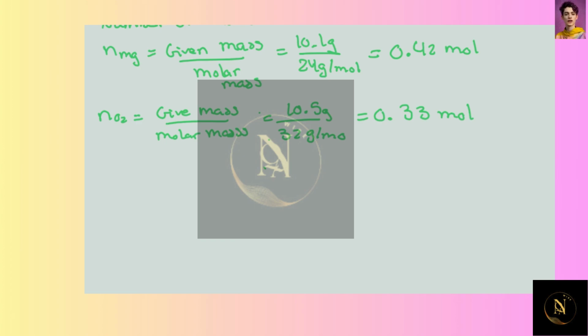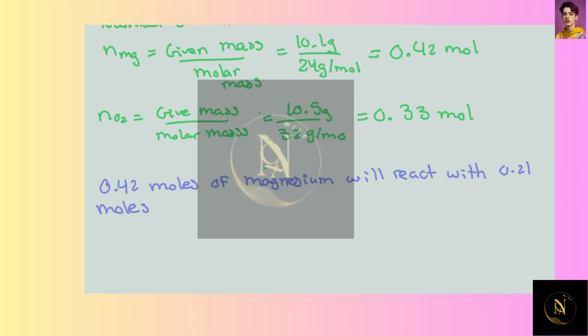As per the reaction, 2 moles of magnesium react with 1 mole of oxygen. Therefore, 0.42 moles of magnesium will react with 0.21 moles of oxygen. The quantity of oxygen is 0.33 moles, which is in excess.